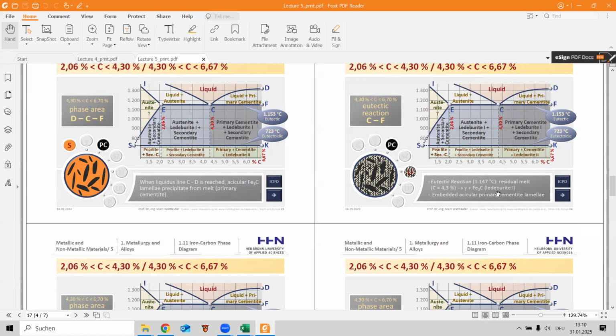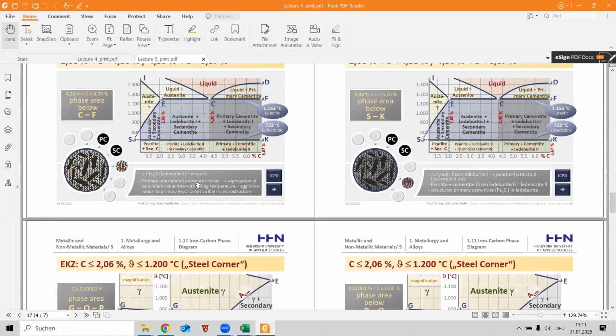This is the area below CF: ledeburite 1 plus primarily precipitated austenite crystals, segregation of secondary cementite, agglomeration to primary cementite, and it's not visible in the microstructure.